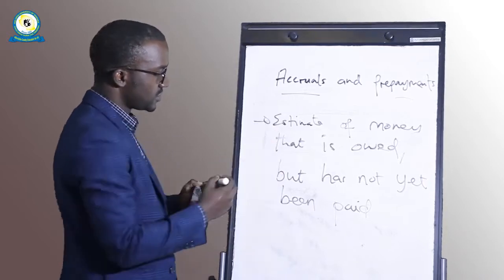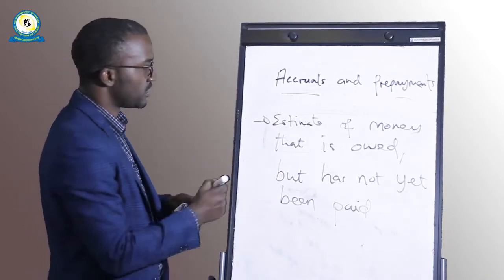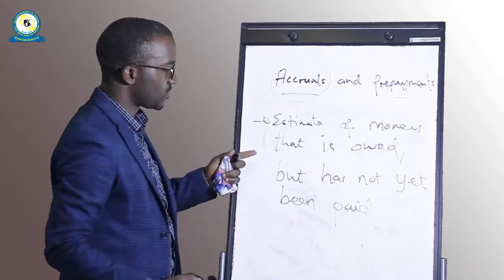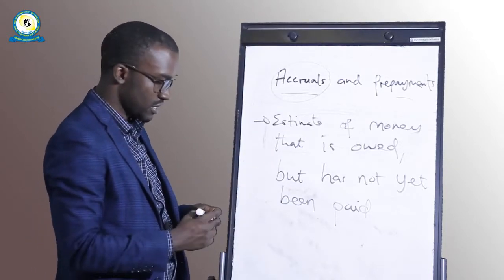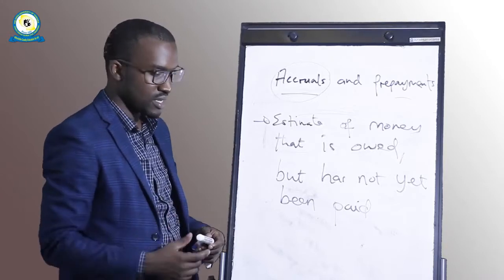This is a simple definition of what we mean by accrual. Accrual is an estimate of money that is owed but has not yet been paid. That's why we say it is accrued.